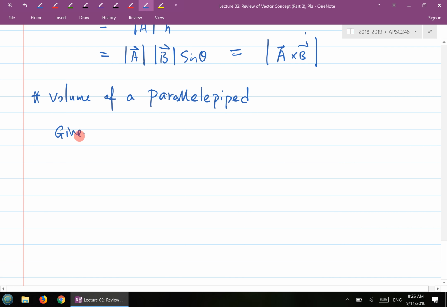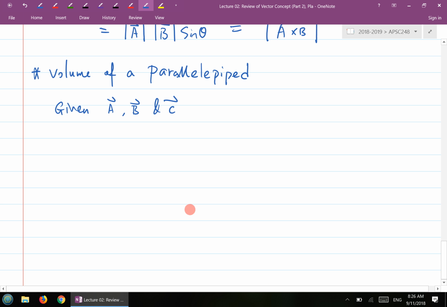Say that I'm given 3 vectors, A, B, and C. So here is the relationship between the 3 vectors. Here's B, and this is A.